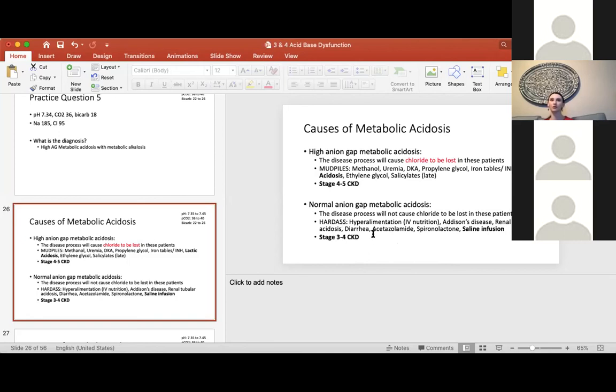Ones that go along with this are hyperalimentation, which is too much IV nutrition that shoots chloride higher, Addison's disease, renal tubular acidosis, diarrhea, acetazolamide, spironolactone, and saline infusion.